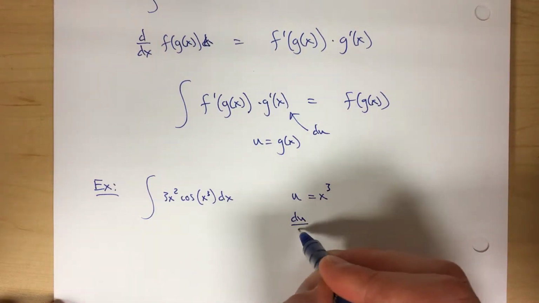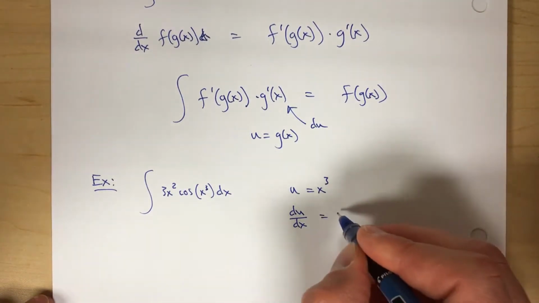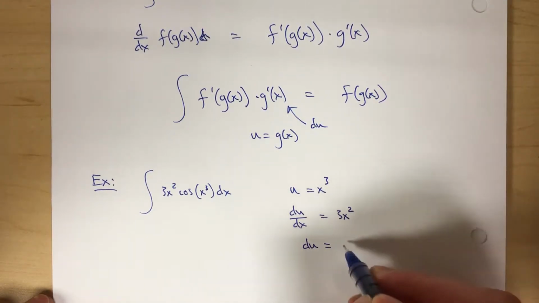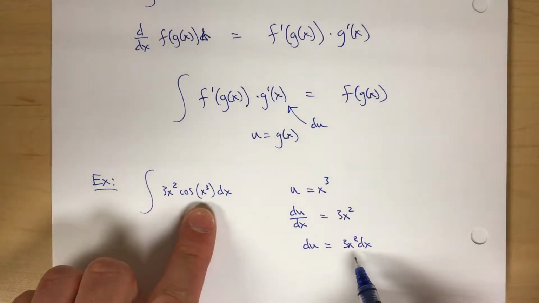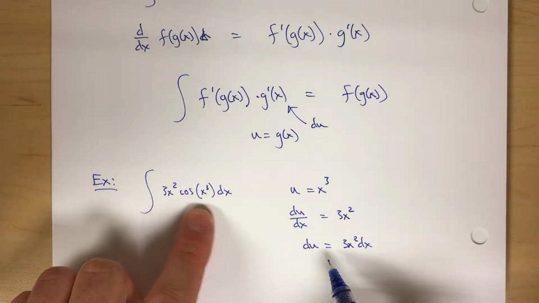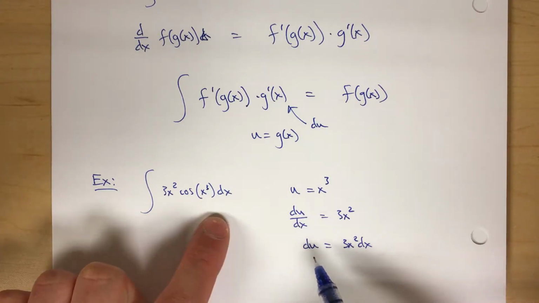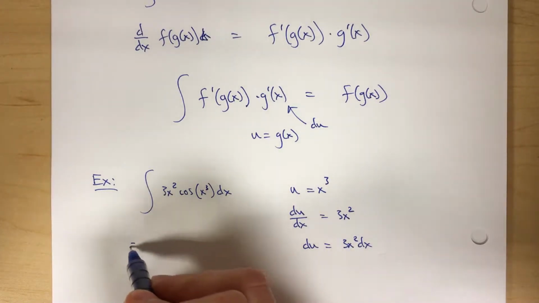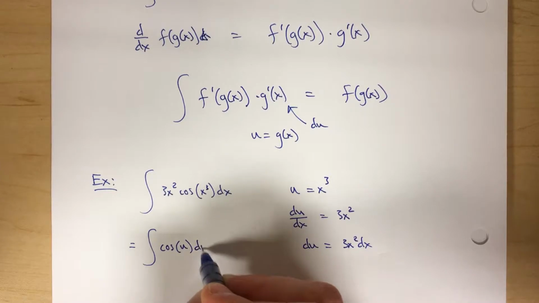So du/dx, the derivative of u with respect to x, is simply 3x squared. But what we're going to write is du equals 3x squared dx, because we want to write this in terms of u. Everything has to be in terms of u. The x cubed has to be in terms of u, which it is, and the 3x squared dx has to be in terms of u, which it is. It's du. So this is now the antiderivative of cosine of u du.